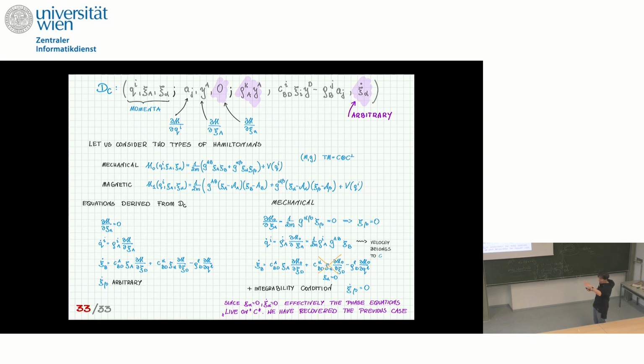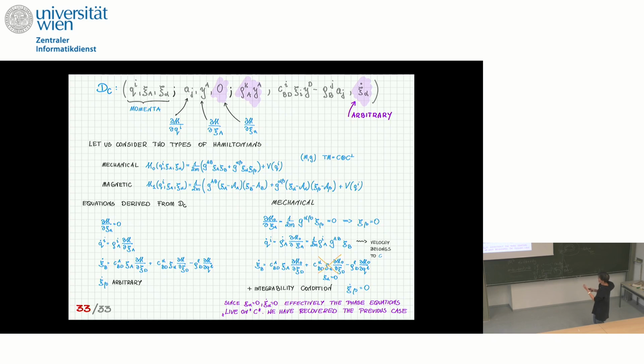So the integrable part of this equation stays on the E star, and my phase curves will lie on the E star. So effectively, if this has to be 0, then this arbitrariness doesn't matter, because it means that C dot also with beta, so perpendicular to the constraint, has to be 0, and we stay on C star.